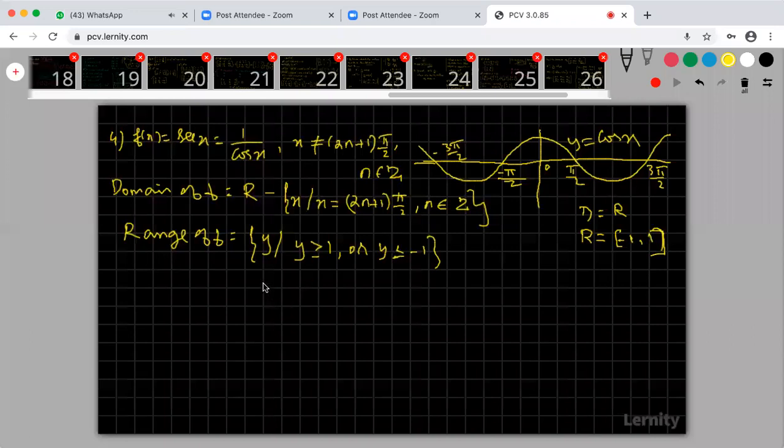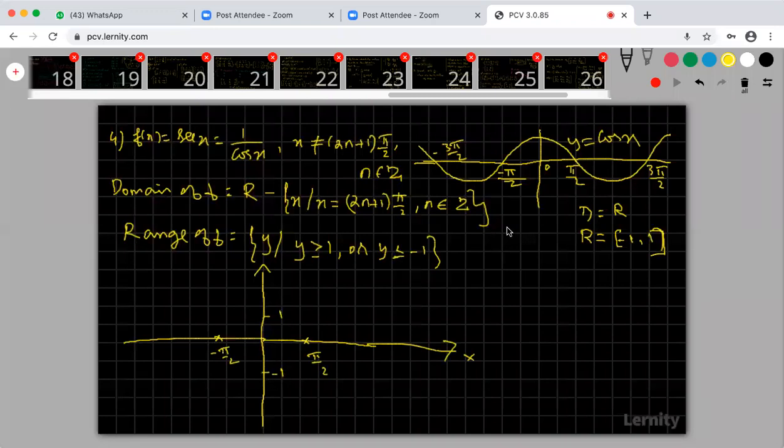Now come to the graph of the function. Look at minus pi by 2 and plus pi by 2. This is our 1, this is our minus 1.